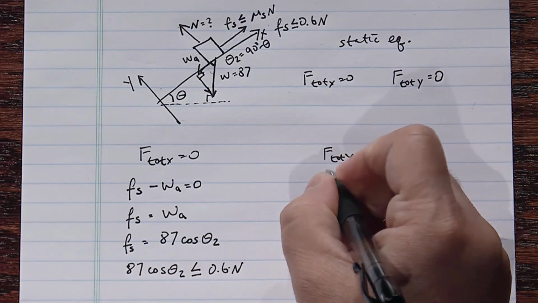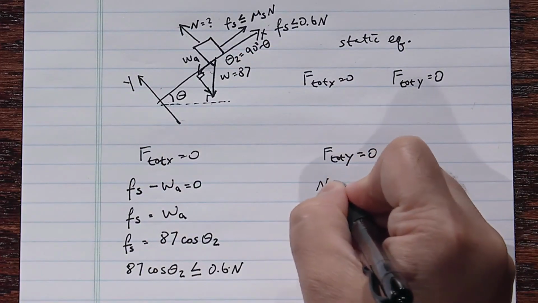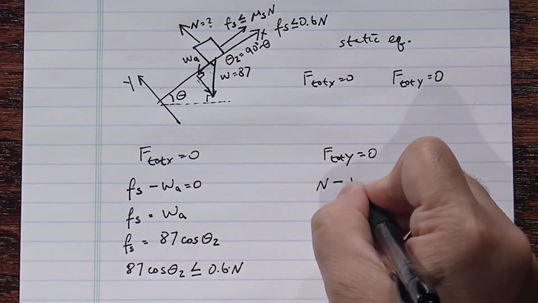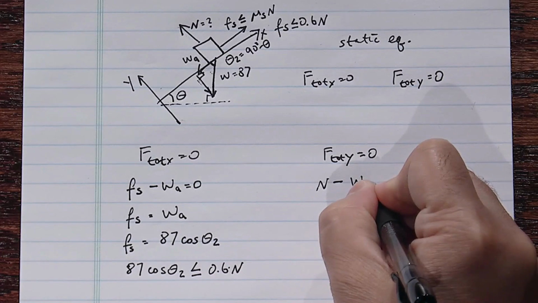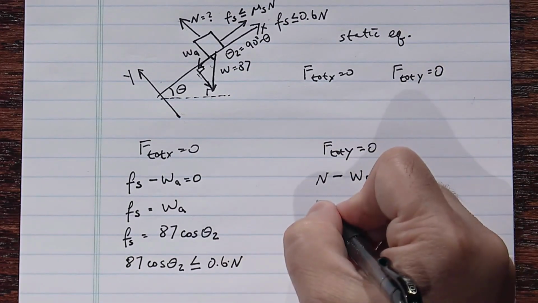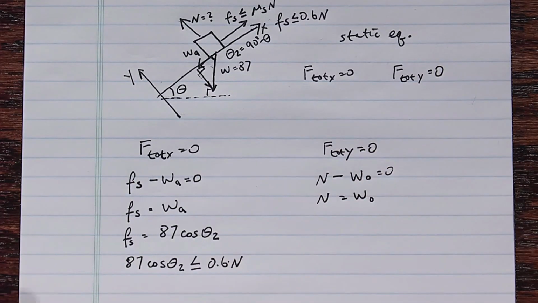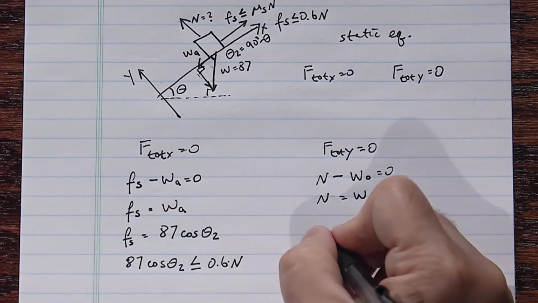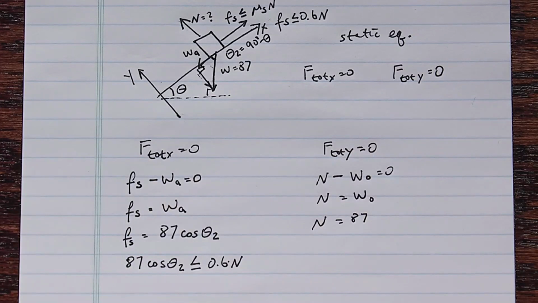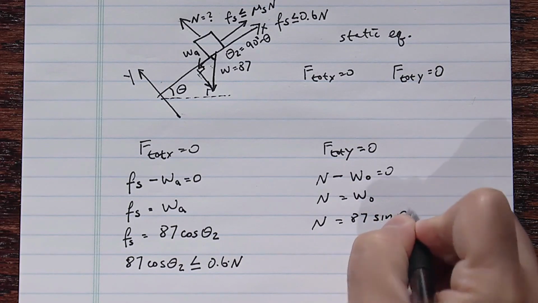Our y equation would be normal force pulling up in the positive y direction minus weight opposite is equal to 0, or normal force is equal to weight opposite, or the normal force is equal to 87 newtons times the sine of theta 2.